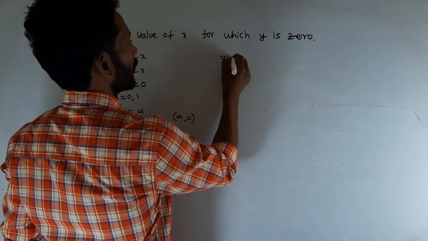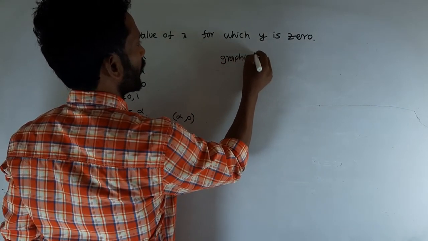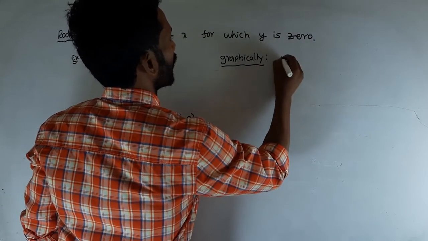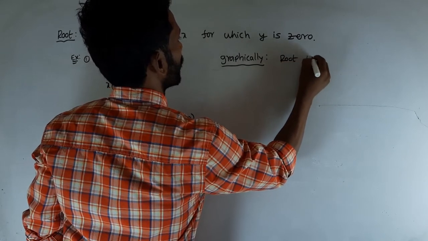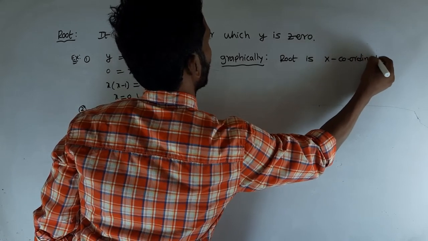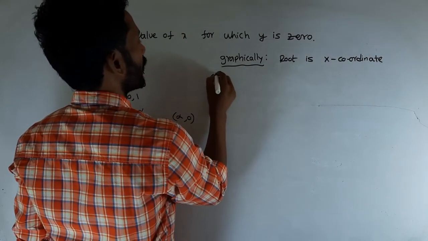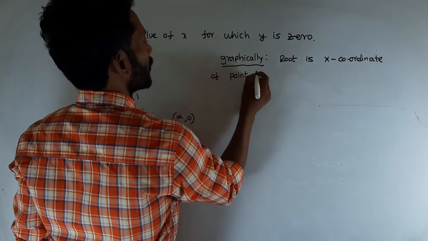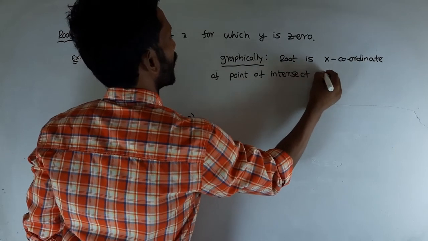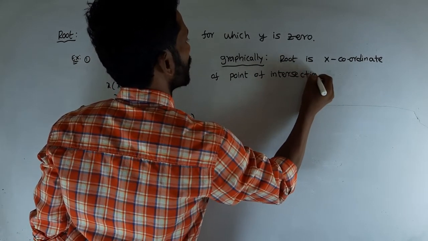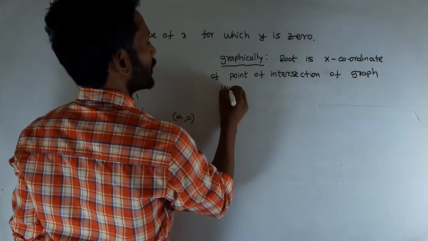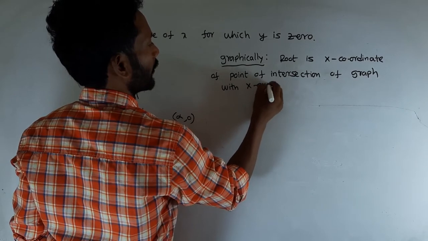Graphically, now root is the x coordinate of the point of intersection of the graph with the x-axis.